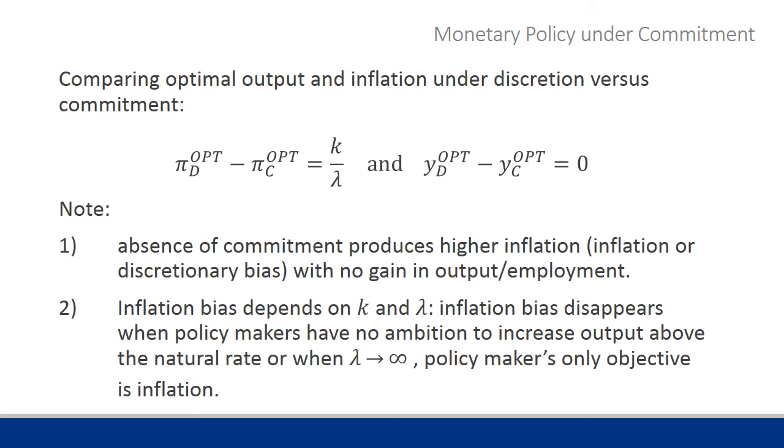We know that k is the amount by which policymakers like to keep output above its natural rate, and lambda is the weight that policymakers put on the control of inflation, or stability of prices. So a low k gives us a lower inflation bias, and so does a high lambda, which is intuitive. If policymakers have one objective, mainly inflation, then it's obviously going to eliminate the inflation bias.